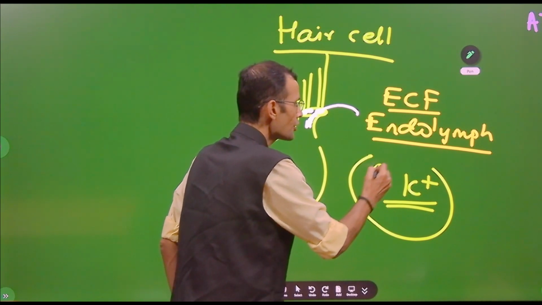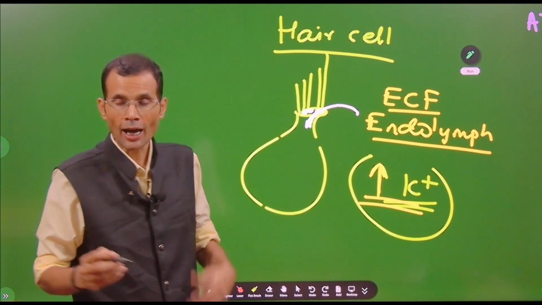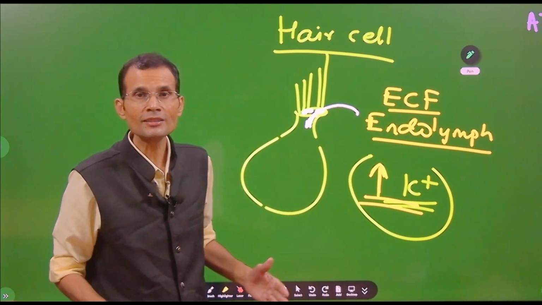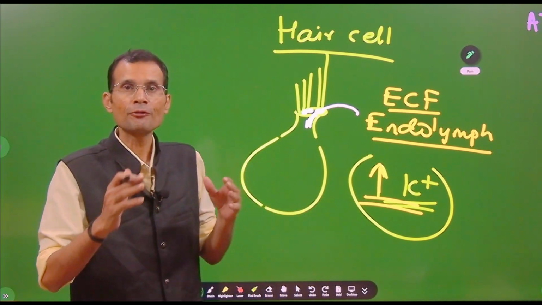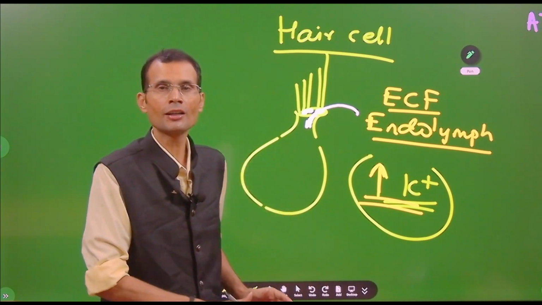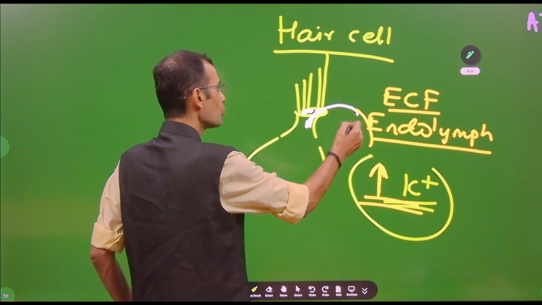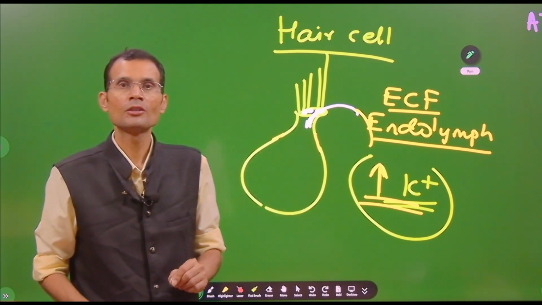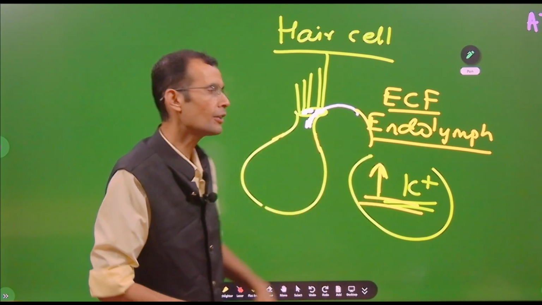So there is a high potassium concentration on the outside. That means it is creating a favorable concentration gradient as well as electrical gradient for the potassium to go into the cell.